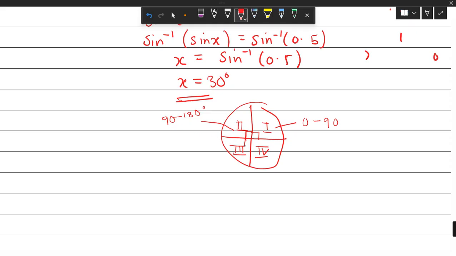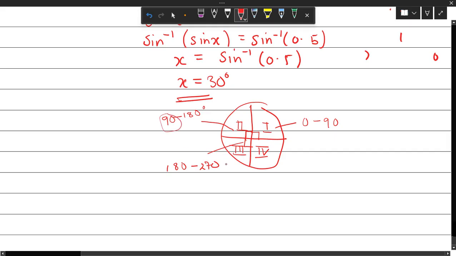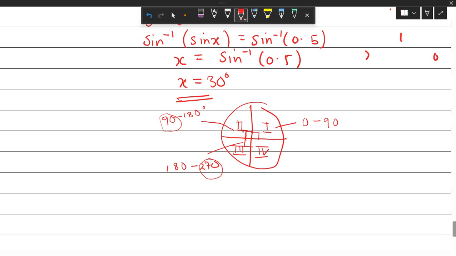Then this one, we're just adding 90s, meaning this one is from 180 to 270 if you add 90 degrees to this. So we're told that our angle should be in between 90 and 270.